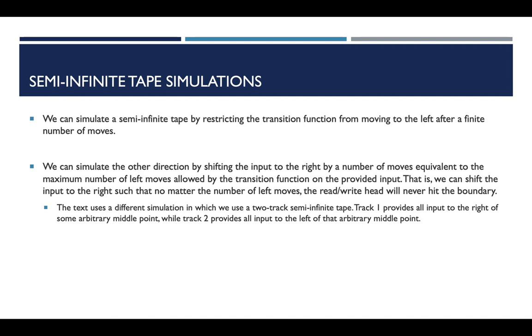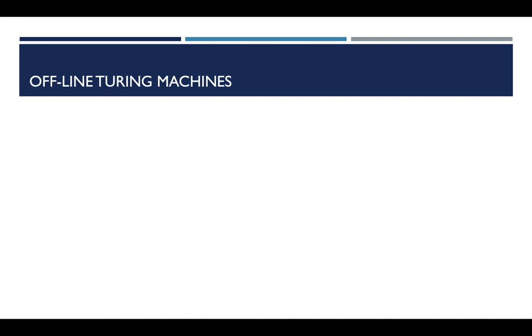So if you think about the tape having some middle point, track 1 would effectively provide all of the input to the right of that middle point, and then track 2 would provide all of the input to the left of that middle point. And because both of these things are semi-infinite, they allow you to go an infinite number of spaces in either of those directions by using the corresponding track number. So either of those simulations will provide the same result.